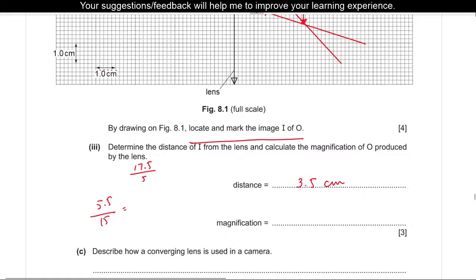Let me check the answer of it. 0.37. Yes, okay. My answer is coming 0.37, and from 0.37 to 0.4 is acceptable.